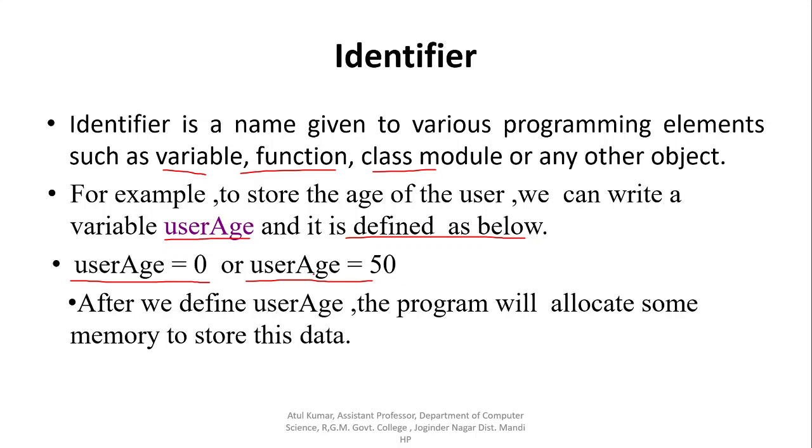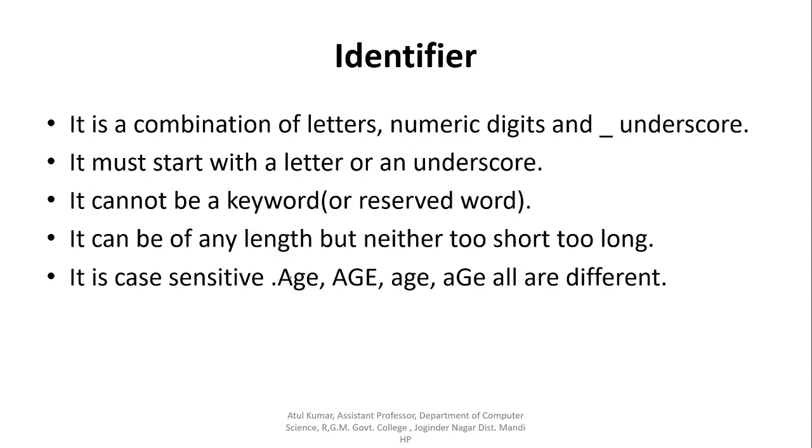So user age is the age of the user, and it is an identifier to identify the age of the user. After we define user age, the program will allocate some memory to store this data. This means that when we define user age, memory is allocated in your RAM to store that identifier or variable.